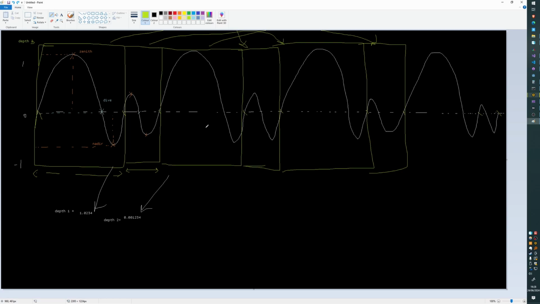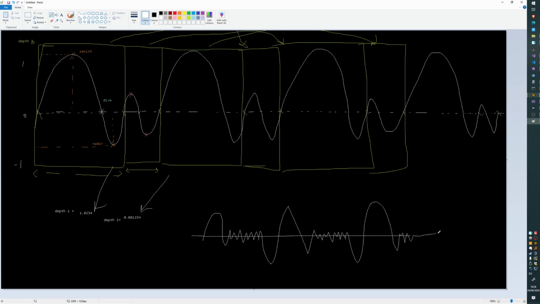But that gives you a pretty good chance, if you have a really complex waveform and it's crossing the 0 boundary, the 0 line, many times, of noticing these kinds of patterns, the higher the depth is.